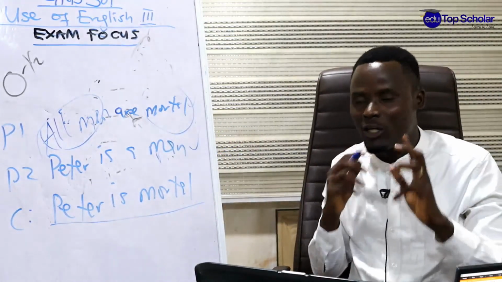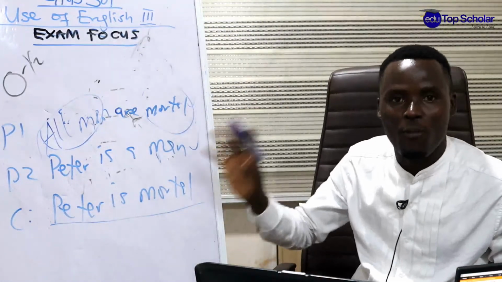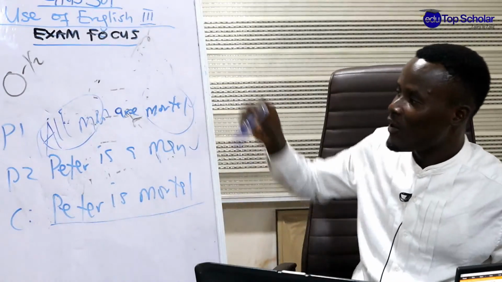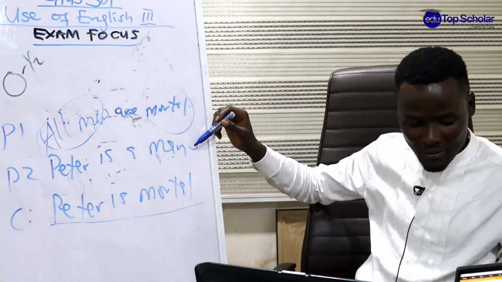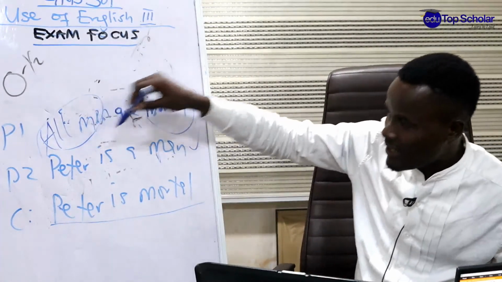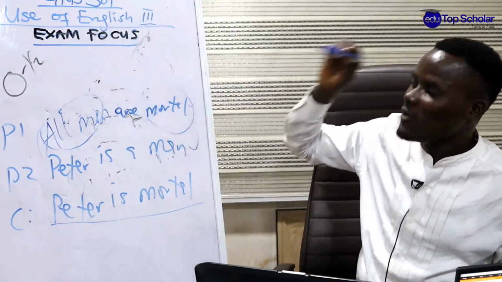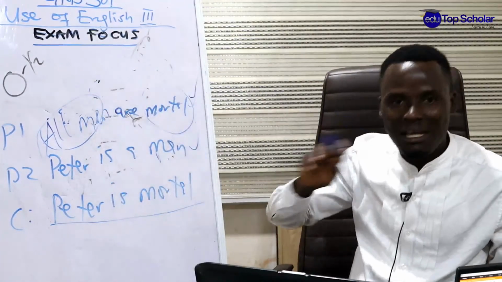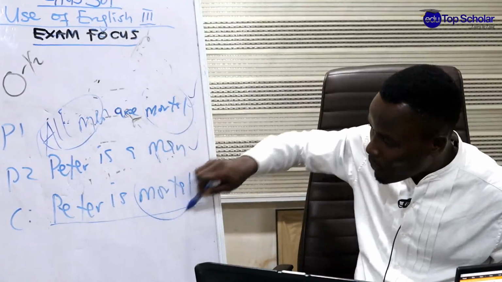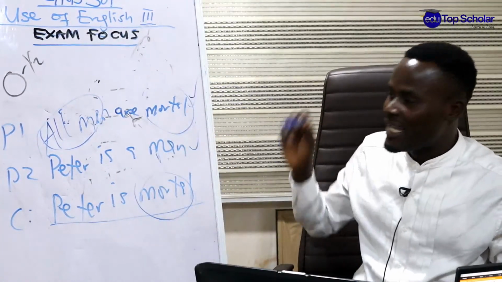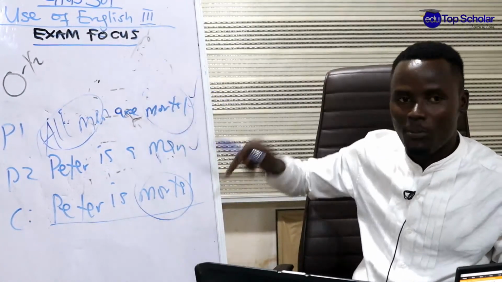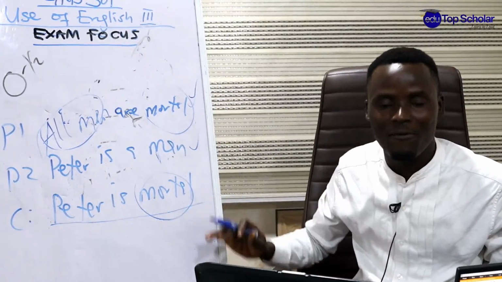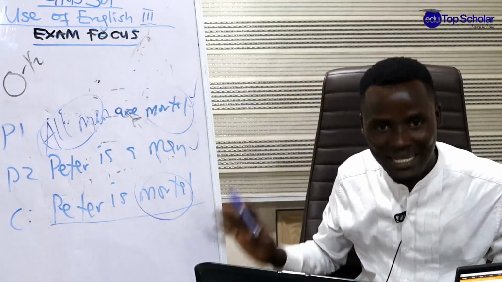In logic, we call it the basic standard form of an argument. All men are mortal. Peter is part of the men. So if all men are mortal, and Peter is a man, therefore Peter must also be mortal. In this argument, the premises support the conclusion. Therefore, the argument is valid.